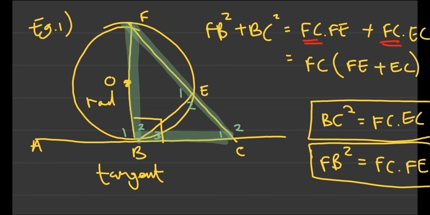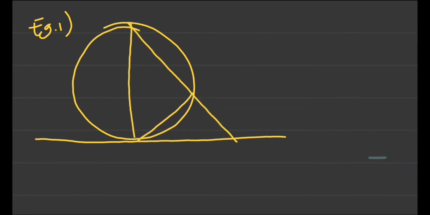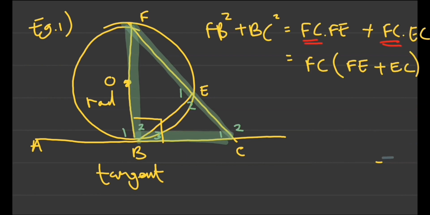FE plus EC. Now, if you look on the drawing where FE is and where EC is, notice that FE plus EC is actually equal to FC.